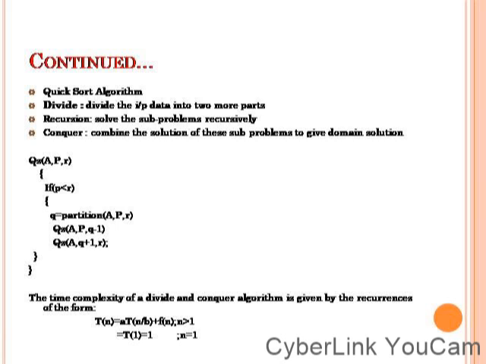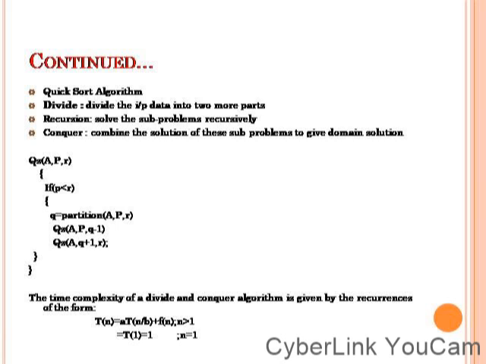If P is less than R, Q equals partition(A, P, R). In quicksort we divide into left and right parts: quicksort(A, P, Q minus 1) and quicksort(A, Q plus 1, R).